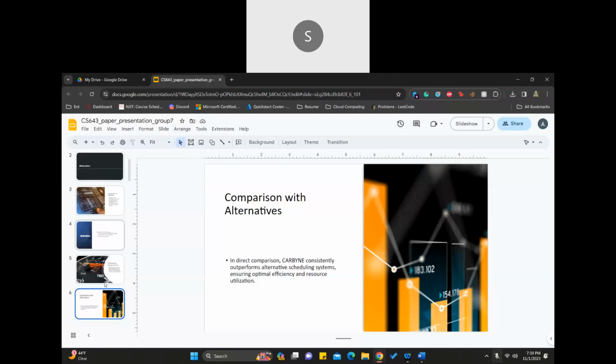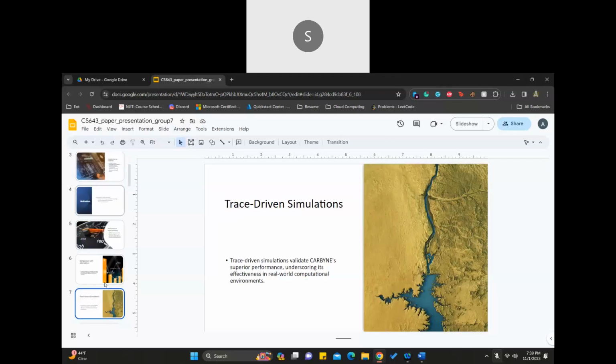This means that with Carbon, operations are optimized to get the best result without any waste or unnecessary delays, making it a more reliable choice compared to other choices. Can we go to the next slide?